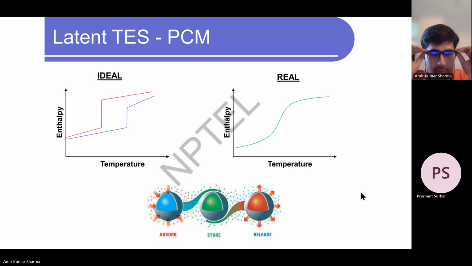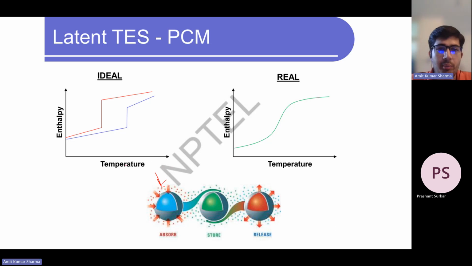So the latent thermal energy storage, or phase change material. In phase change material, we have certain materials that can change phase, that can liquefy or solidify. They absorb heat, melt and store the energy, and if you take the energy away, they solidify again.